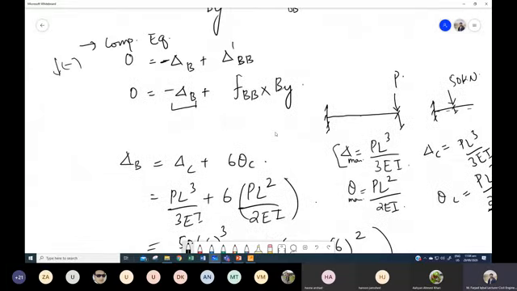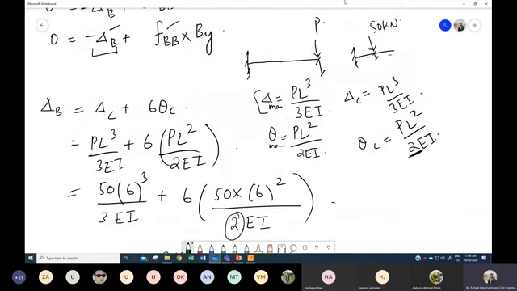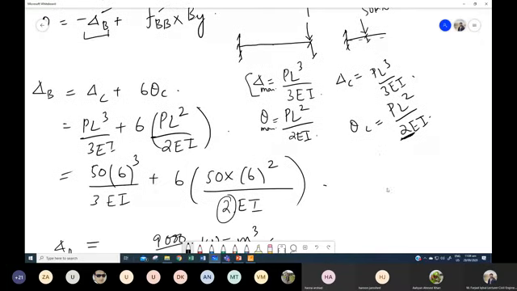So now we have this deflection delta B, and we just need to find out this FBB. This flexibility is basically also the deflection, but in the case when the load is unit load. So we will use the same formulation, and for example, we have this beam.